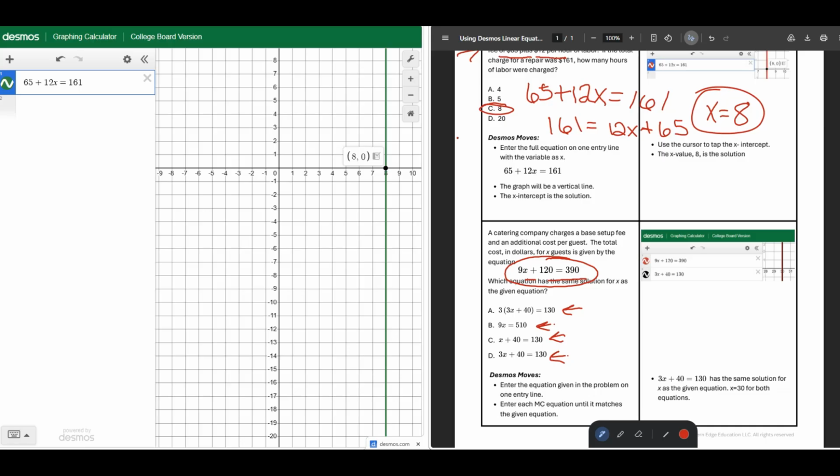So take a moment, grab your Desmos graphing calculator, insert the original equation in line 1, and then begin typing in each of your multiple choice selections until you have one that matches the vertical line from your original equation. So take a moment to do that.